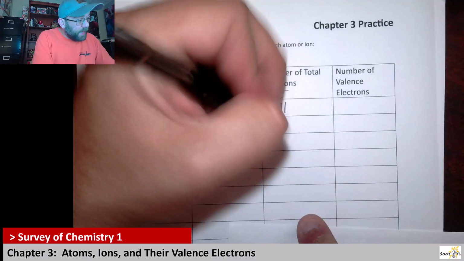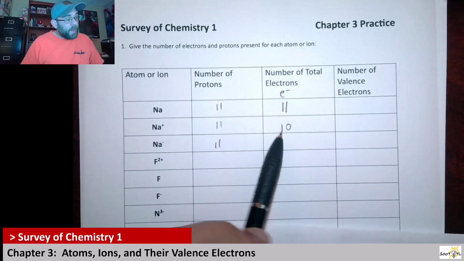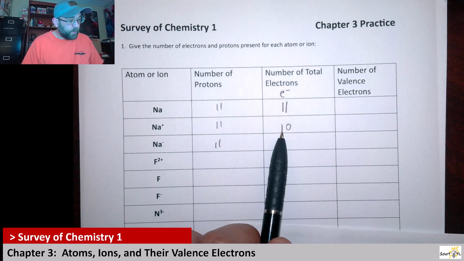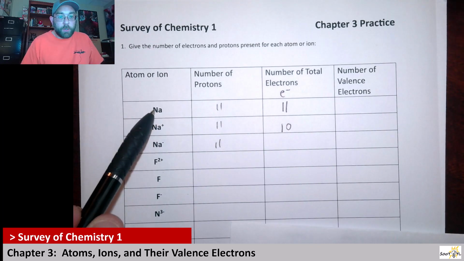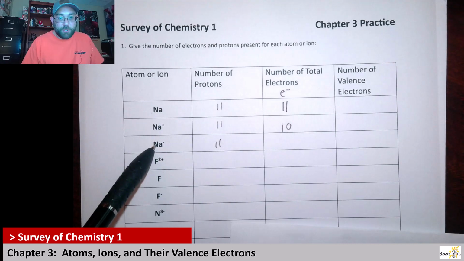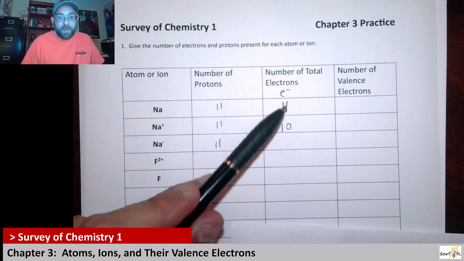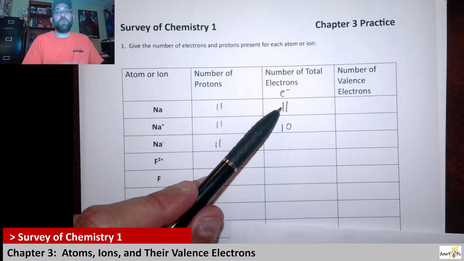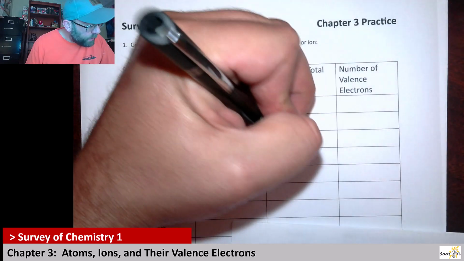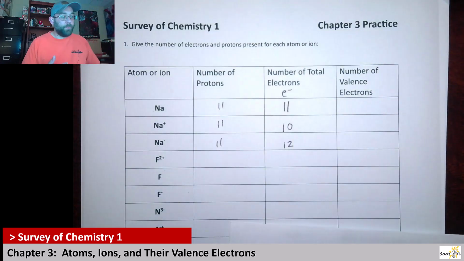So that means here it now has 10 electrons. Now also from here we see Na minus. Compare it to sodium: now it got a negative charge. So it had 11 electrons. How's it going to get a -1 charge? It had to gain an additional electron. So this has 12.